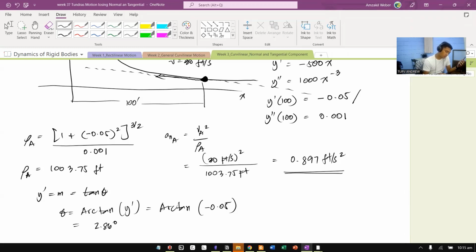Perpendicular to that is our normal axis.